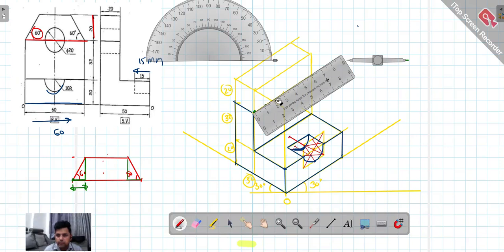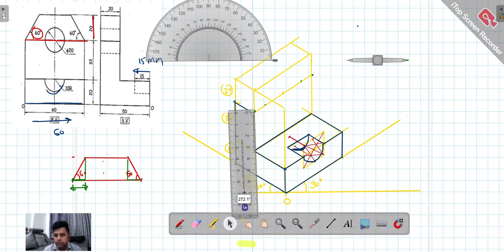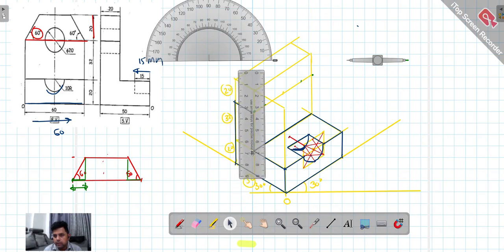Here I'm marking one point, and this is 60, this is 50, no? Roughly I'm marking here 2 points I got. Now I'm extending that point in the vertical line. Now I'm taking that points here.